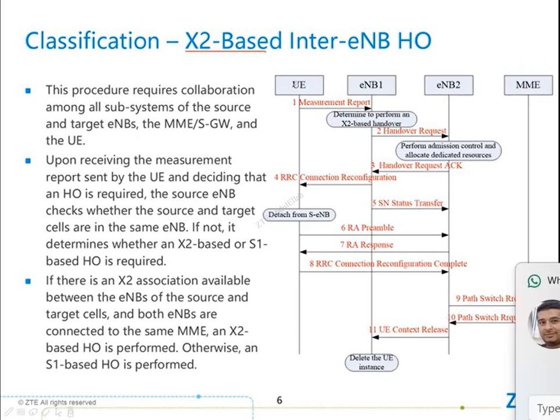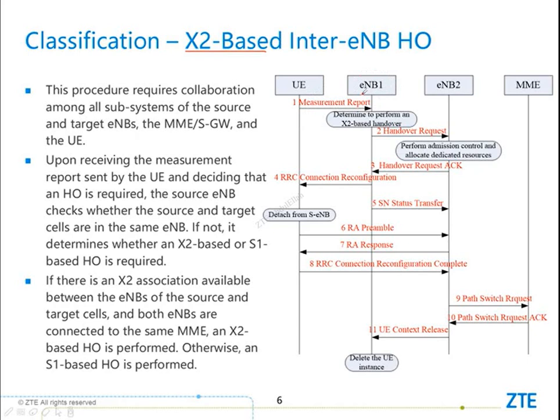Okay, now we can see the X2 based inter-E-node-B handover. The same, first the UE will send a measurement report to E-node-B 1, because now E-node-B 1 is like the source E-node-B. The UE measures the serving cell information and target cell information and reports to E-node-B 1.